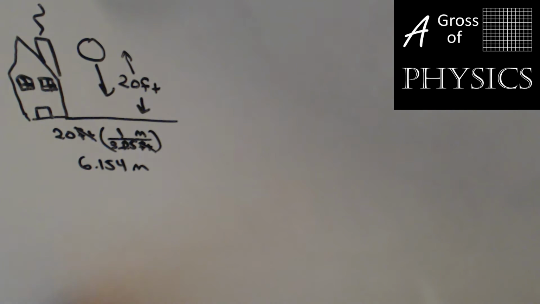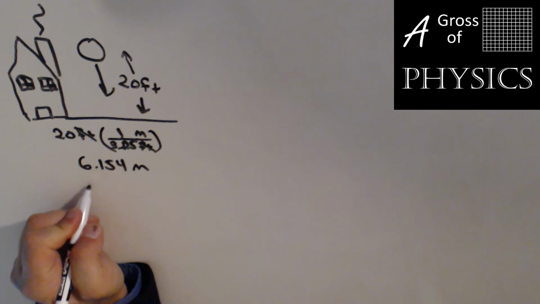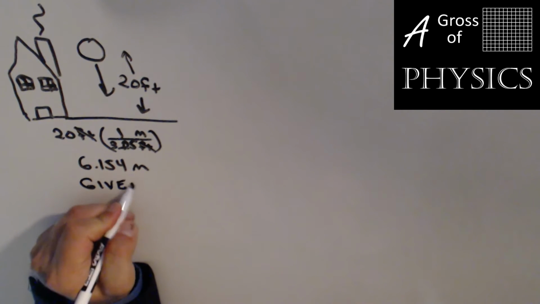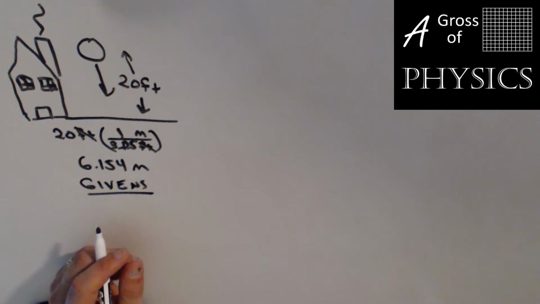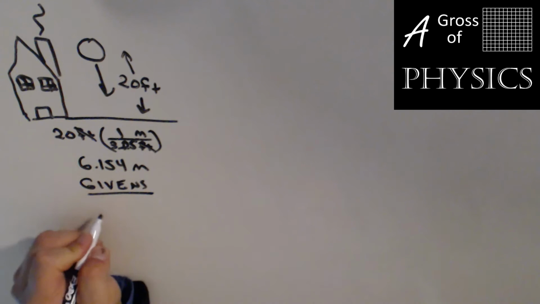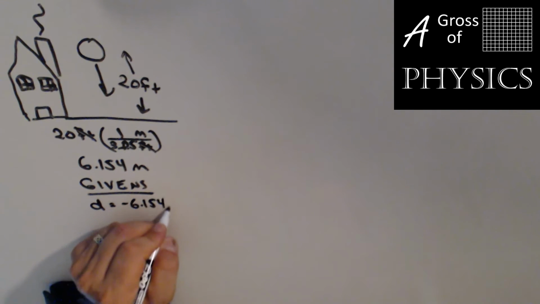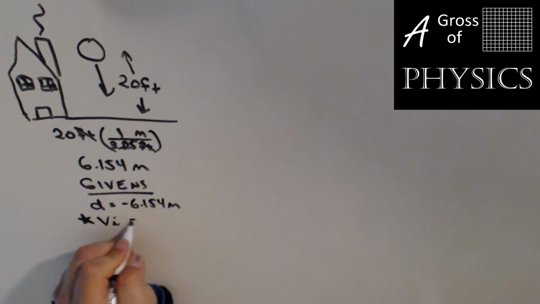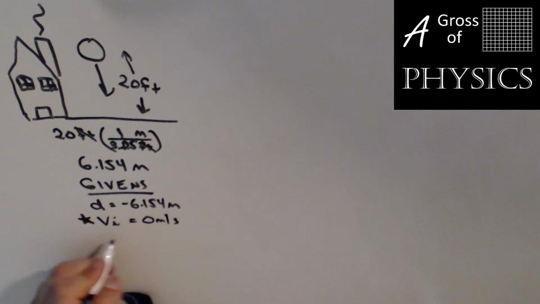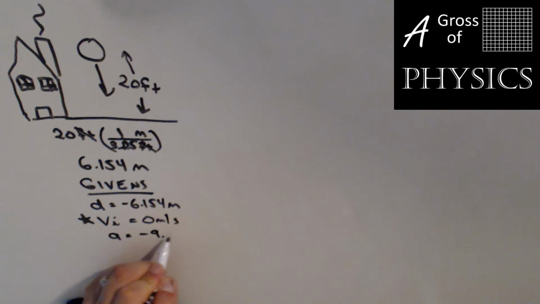Now, that being said, what I want to look at is all the givens I have. The givens I have are the displacement, which is negative 6.154 meters, dropped, hidden variable, VI is 0. The acceleration, since it's near the Earth's surface, is negative 9.8 meters per second squared.